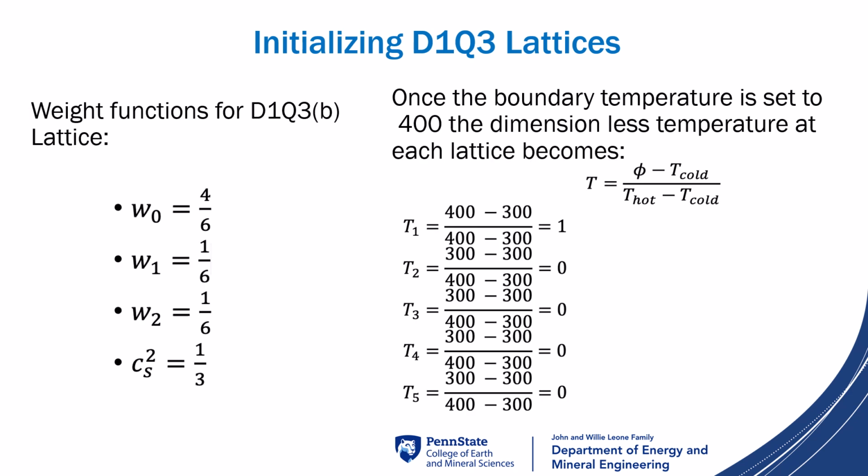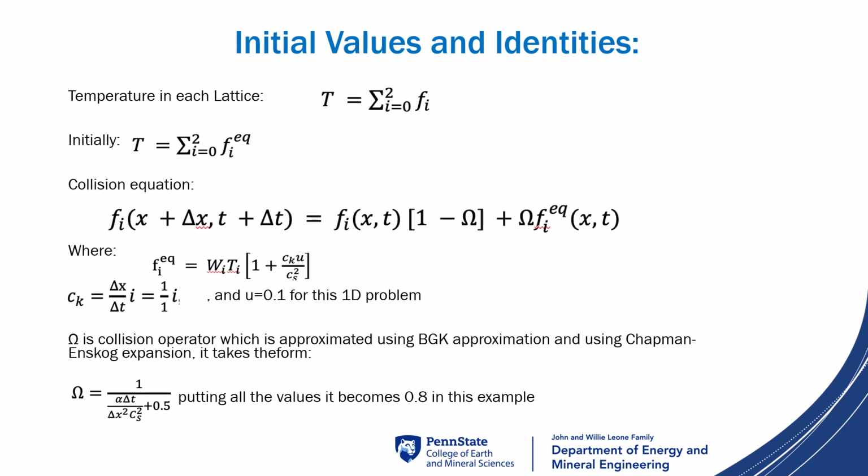The weights W sub 0 equal to 4/6 for stationary packets and W sub +1 or -1 equal to 1/6 for moving ones satisfy key moment conditions, ensuring mass conservation and setting the effective speed of sound equal to 1/3. These choices aren't arbitrary. They anchor the lattice to reproduce the correct diffusion rate.